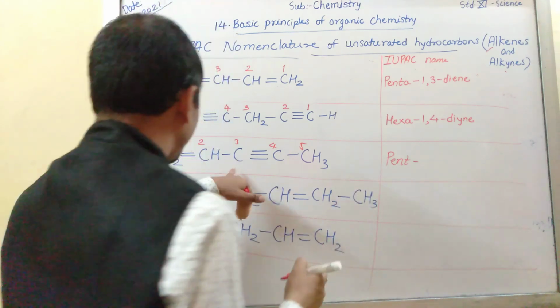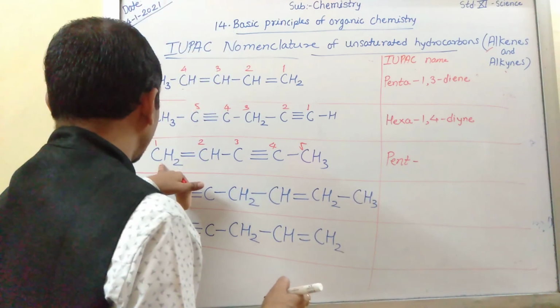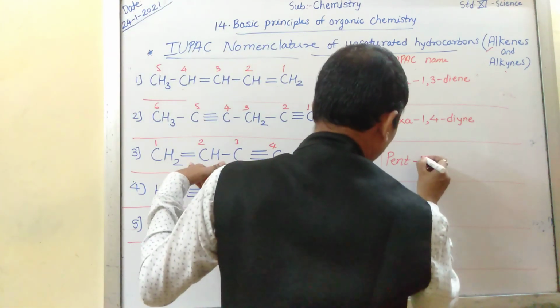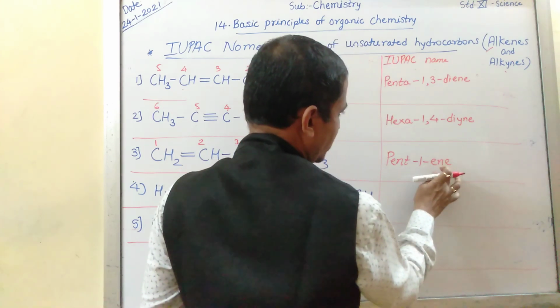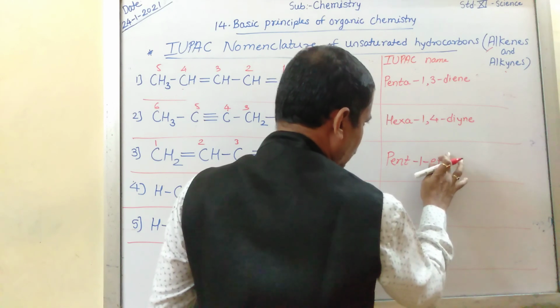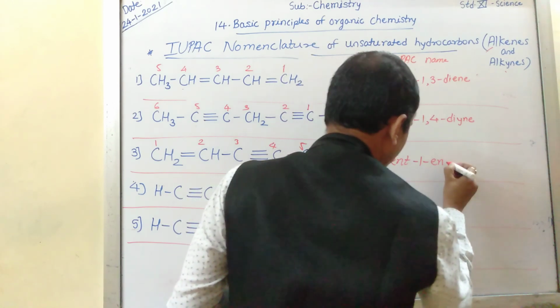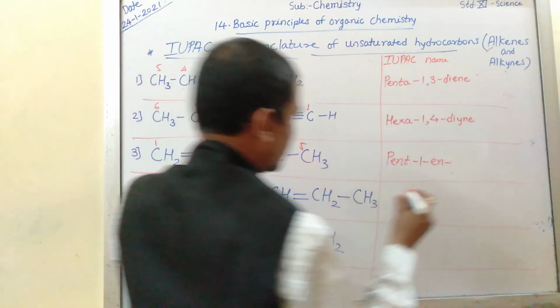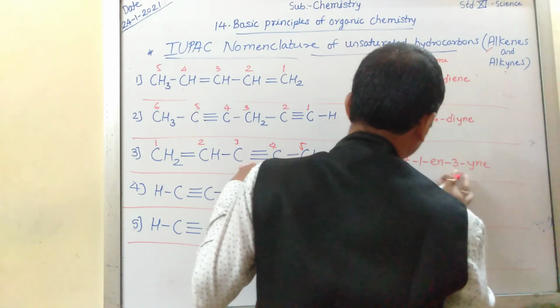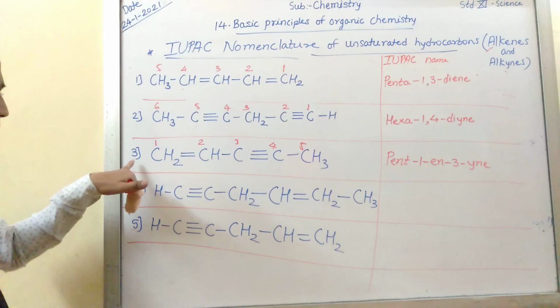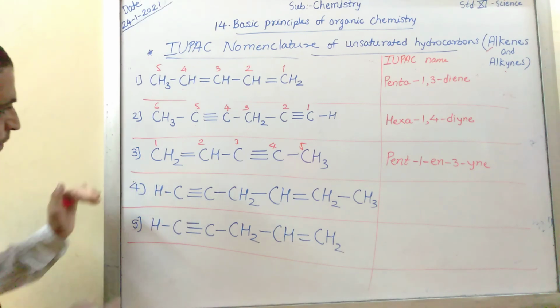Don't put a. After the first carbon atom there is a double bond, so put 1. If you put e and e, then the structure is completed. So don't put this e, make a dash. Here you get 3, and for the triple bond yne. So pent-1-en-3-yne is the name of this compound. Now see here.